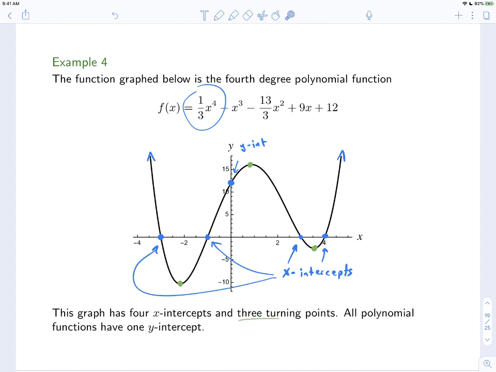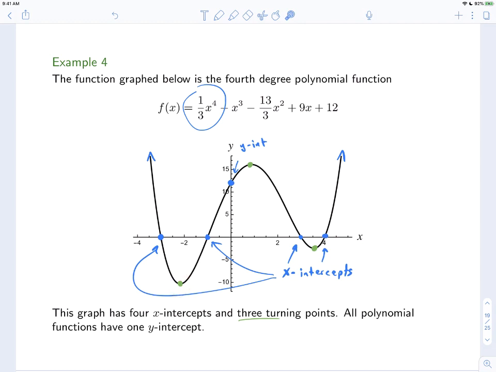The turning points are where it changes from decreasing to increasing or increasing to decreasing. Our first turning point is where it changes from decreasing to increasing, so that gives us a little valley. The turning point in the middle is where it's increasing and then decreasing, so that gives us a little hill. Then we're decreasing but change to increasing, which gives us a little valley.